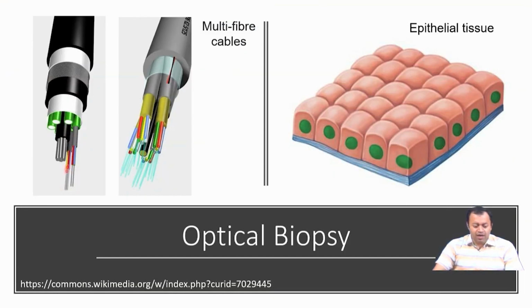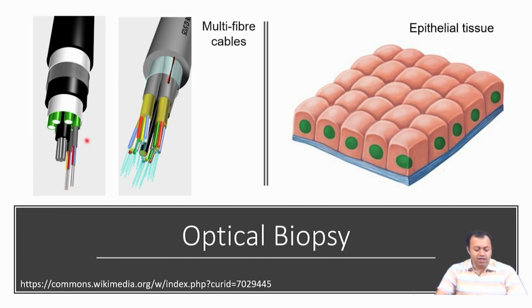So you can have multiple optical fibers. They can be put near the tissue. One of them or several of them will be exciting light. This will be connected with a light source. This light will fall onto the surface. Some amount will be absorbed, some amount will be scattered, some amount will be reflected. That will be taken out by these output optical fibers.